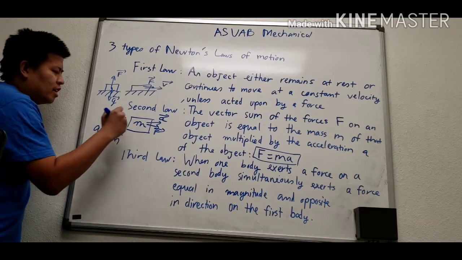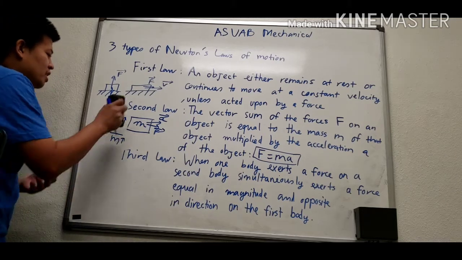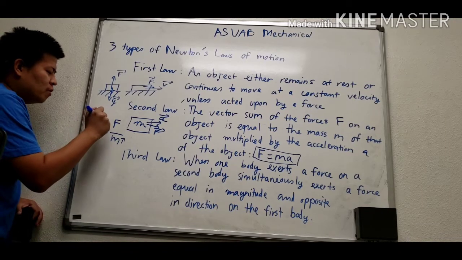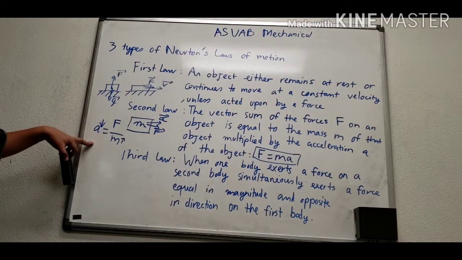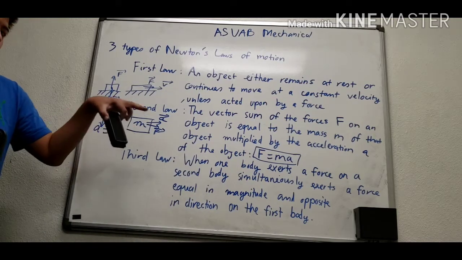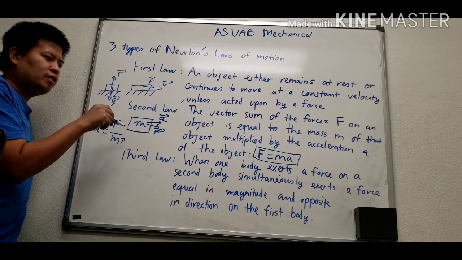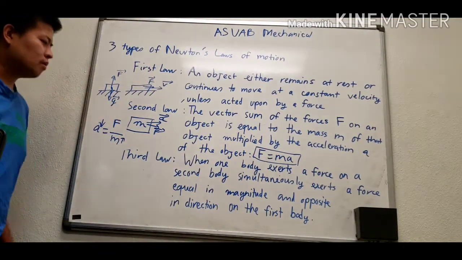If F increases, a increases. But if m increases and the force doesn't change, the acceleration will reduce. So that's the relationship between F, m, and a. This will be on the test, they will ask about the relationship between the force, the mass, and the acceleration.